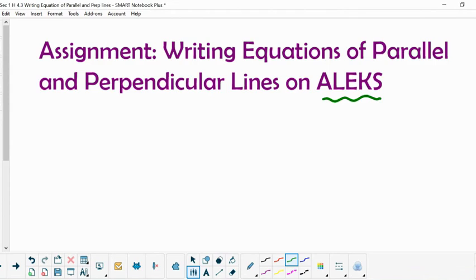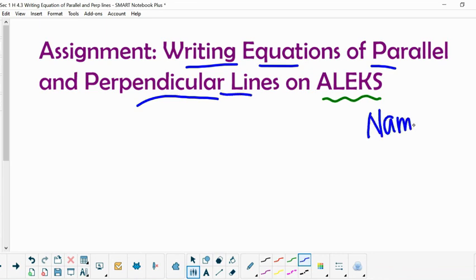You don't have to change it unless it asks you to. So let's just say, write equations of parallel and perpendicular lines. You can abbreviate that however you want to. So your name, today is the 21st. First period.